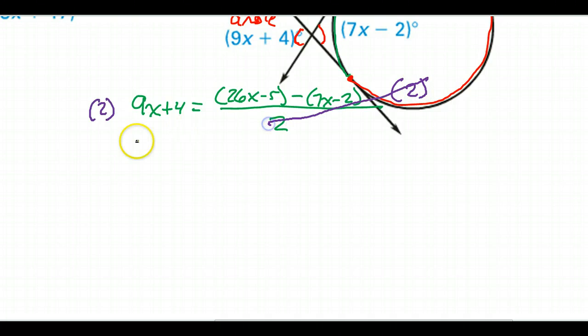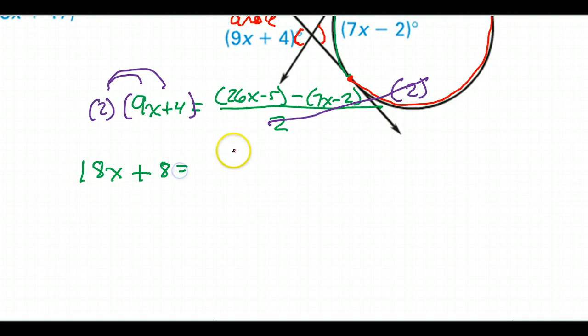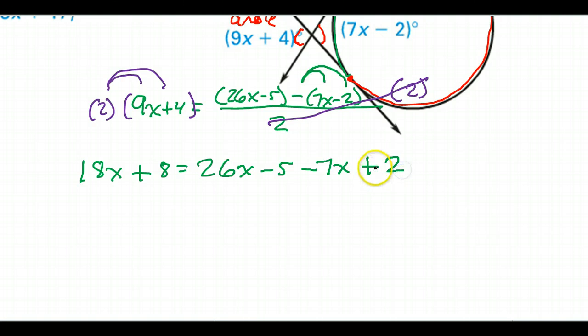So these are going to cancel out. I have to do the distributive property here. So this is going to make 18x plus 8 equals, I don't need the parentheses now, so I can just put 26x minus 5. But be careful, I do need to distribute this negative sign like multiplying by -1. So this will make negative 7x plus 2.